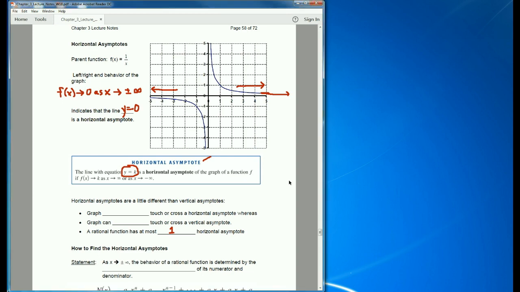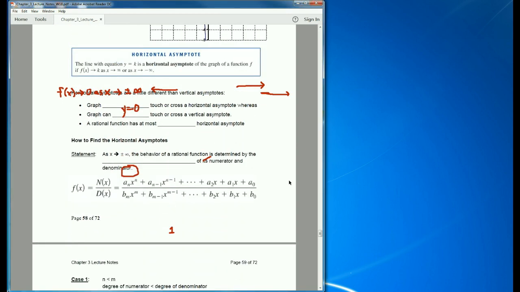All right, so how do we find the horizontal asymptotes? Well, you have to understand this statement. As x approaches plus or negative infinity, in other words, as it gets very, very large or very, very negative, the behavior of a rational function is determined by the ratio of the leading terms of its numerator and denominator.